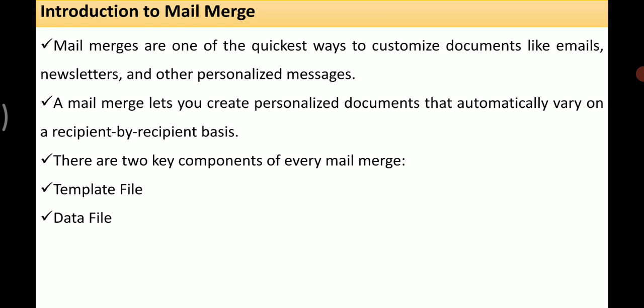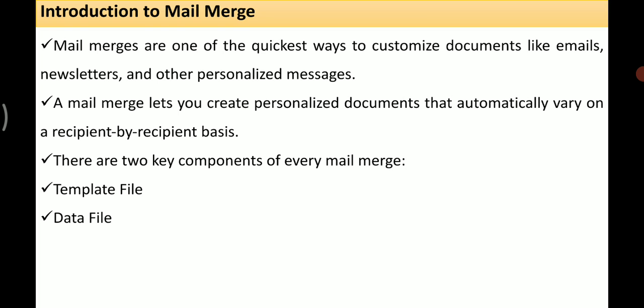There are actually two key components for every mail merge. The first component is the template file and the second is the data file. The template file is the document that we'll be sending out. It can be a letter or it can be an email.